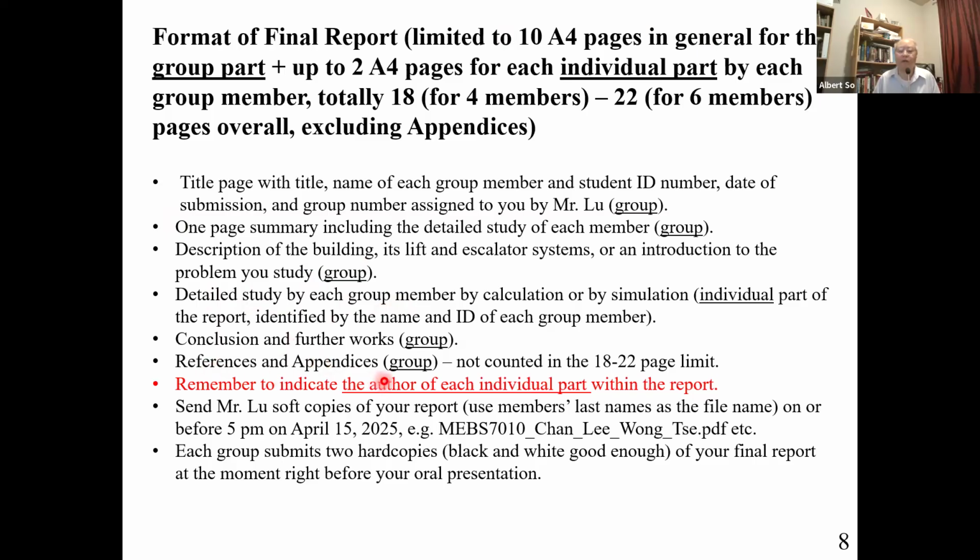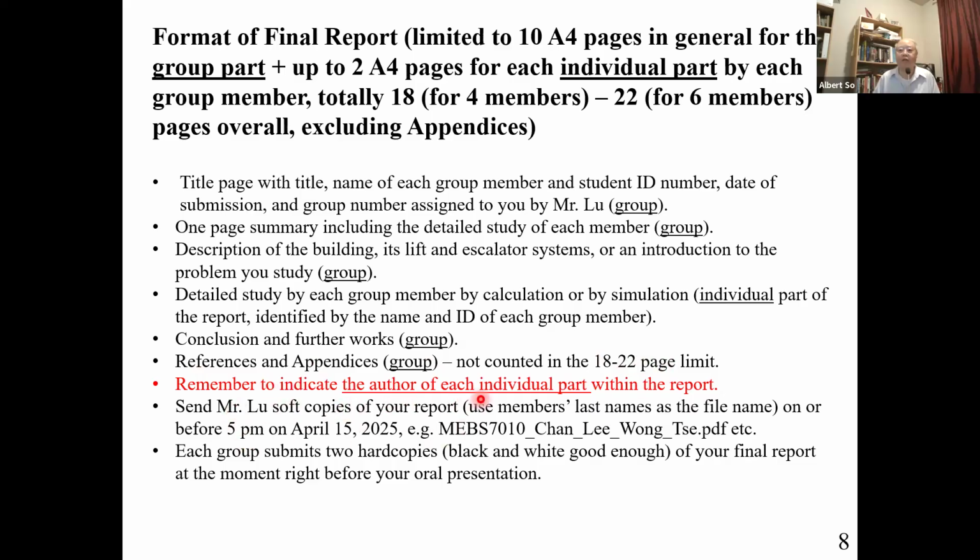References and appendices are not included in the page limit, so if you have appendices with photos, references and all that, you can go beyond the 22-page limit. But besides the references and appendices, you are limited to 22 pages for a 6-member group.